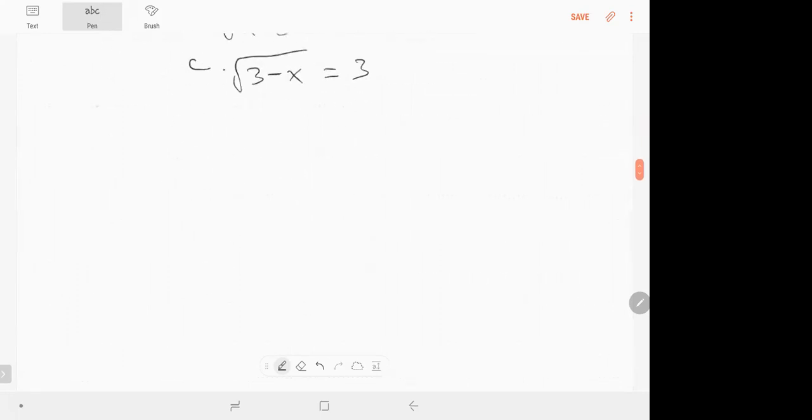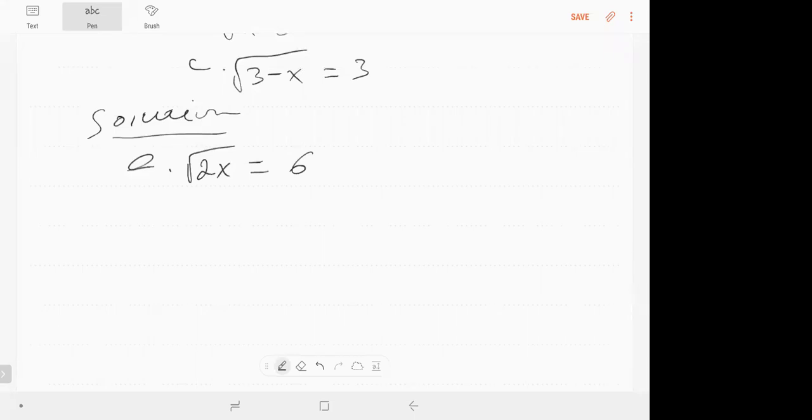Okay, let us solve these equations together. A, we are given the equation the square root of 2x is equal to 6. Before we go to the solution part, let me remind you of one thing. There is no difference between the expression the square root of x squared and x to the power one half; these two expressions are similar.